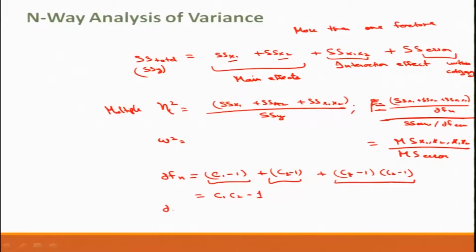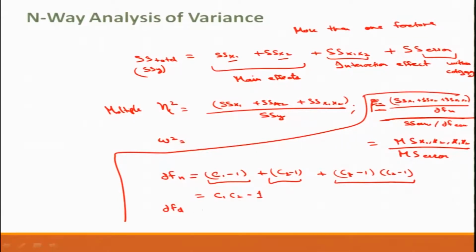And the degrees of freedom for the denominator for this F test would be the degrees of freedom for total, all the values, minus C1 C2. Okay, so we can calculate this F statistic to see the overall effect.